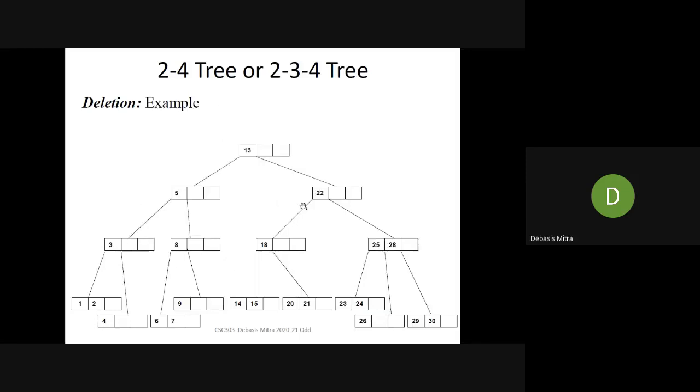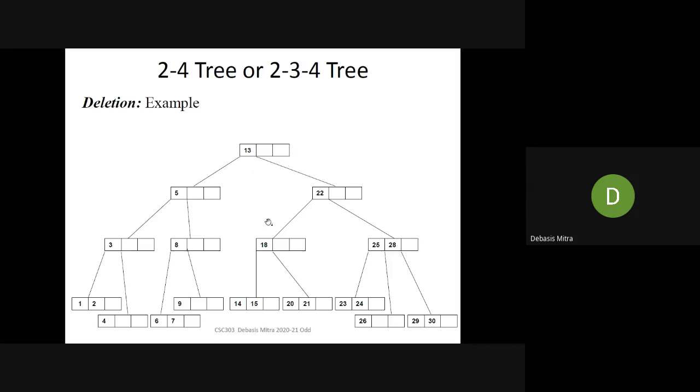You just check whether it satisfies all the properties of a 2-4 tree. 2-4 means, as I have said, the maximum number of children is 4, the maximum number of elements in a node is 3, and the minimum number of children is 2. That means the minimum number of elements per node is 1.